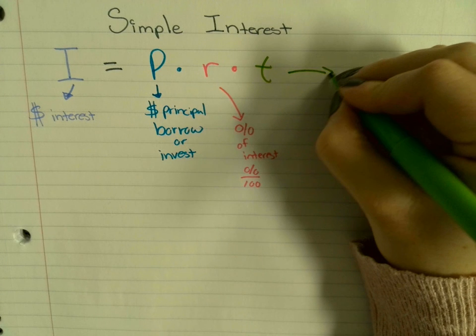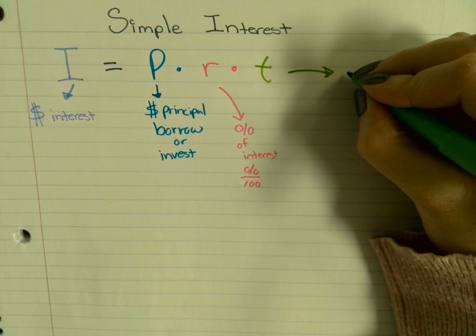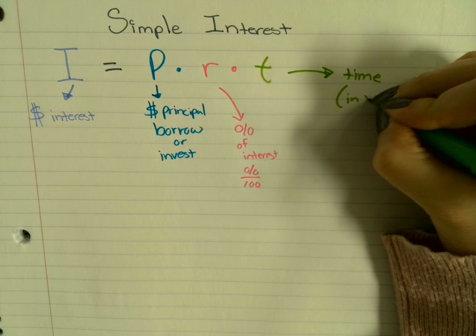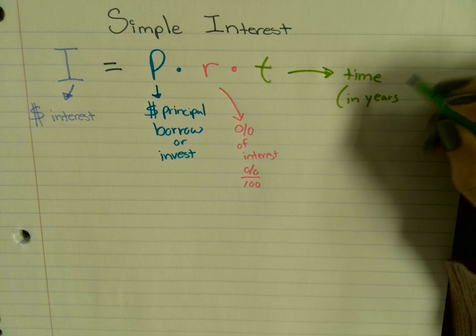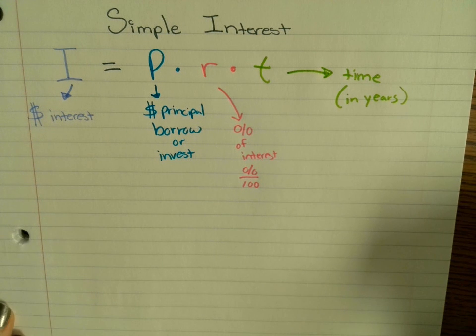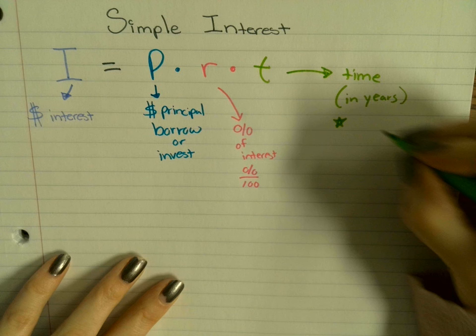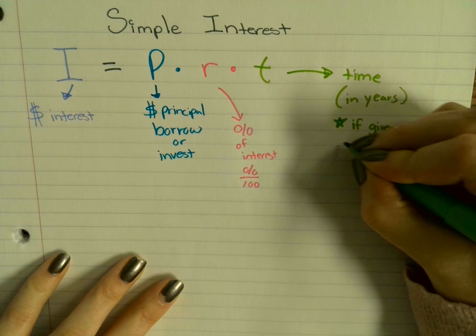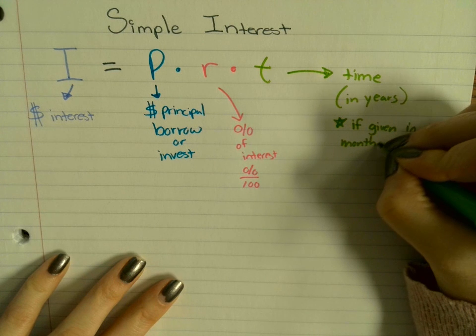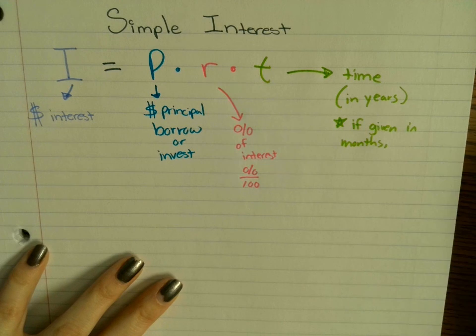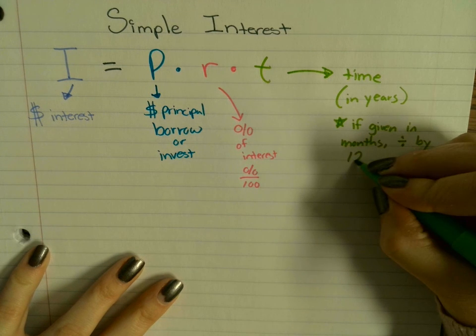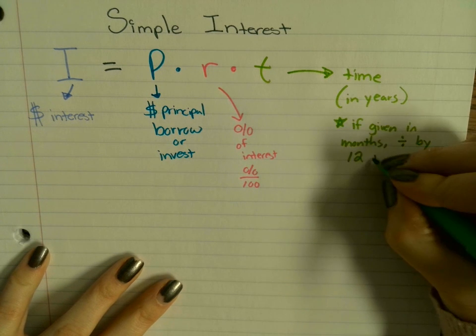T represents time, and it has to be given in years. Now, here's something special. If it's given to you in months, then you're going to divide it by 12 to get years.